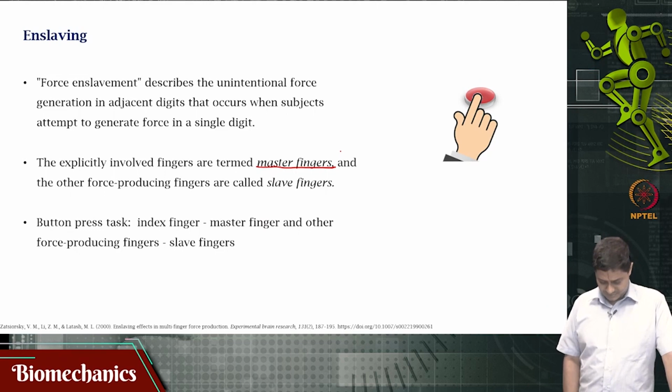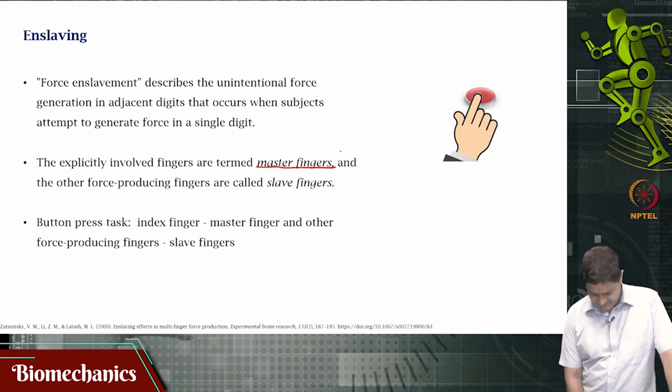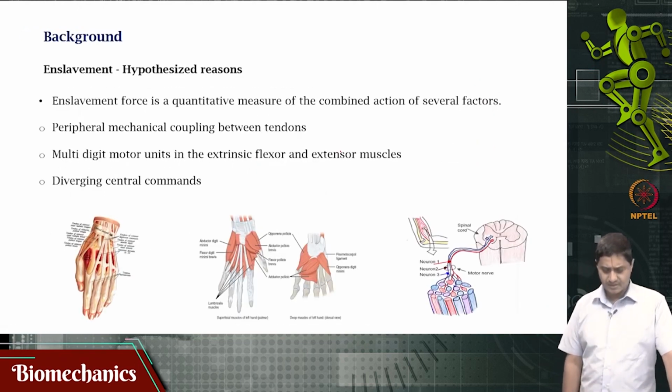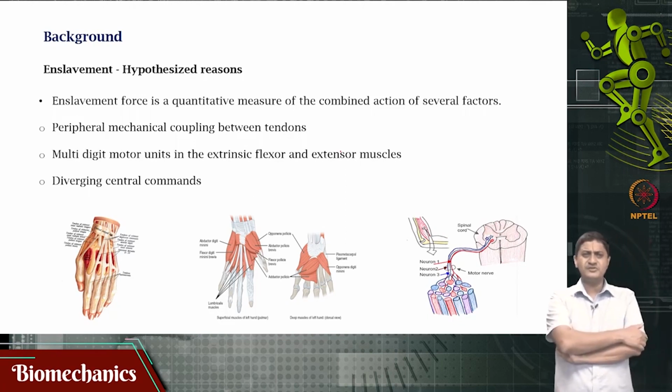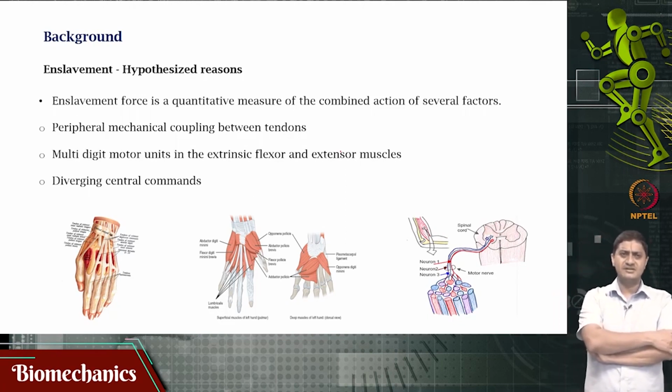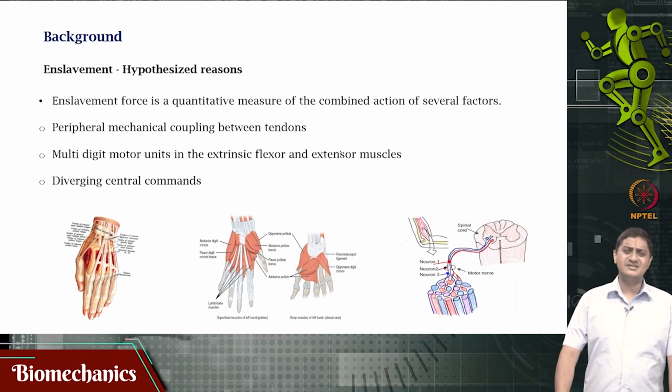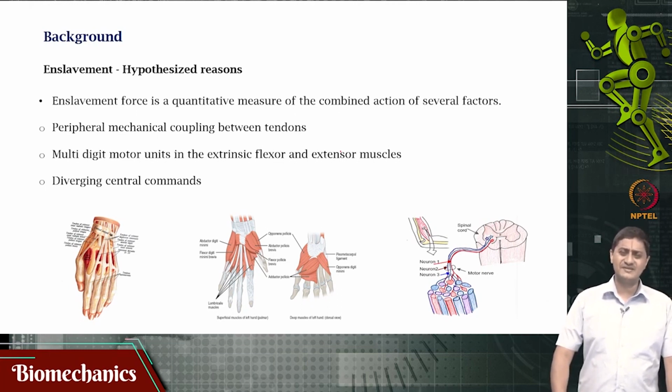Let us discuss this in some more detail. A question is, what are the hypothesized reasons for enslavement? What is the cause of enslavement? We discussed this in the previous week in some good detail, but let me try and refresh this. What are the hypothesized reasons?